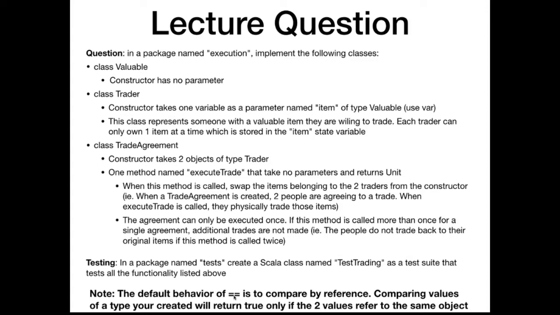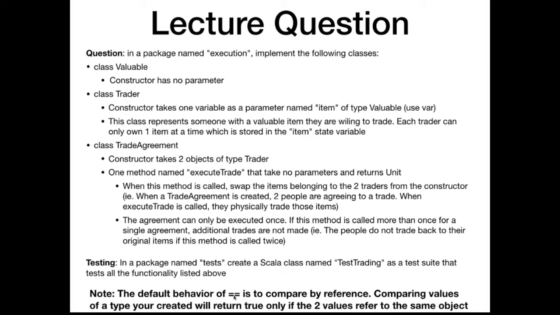If we have 2 objects of type Valuable in this case, and we want to know if they are the exact same Valuable, we can use equals. We can say valuable1 equals valuable2, and that will tell us if those 2 variables of type Valuable refer to the same exact object. So equals by default is going to check the references.